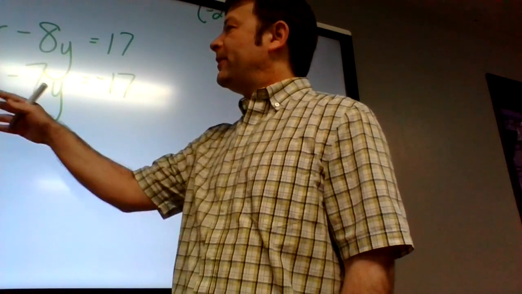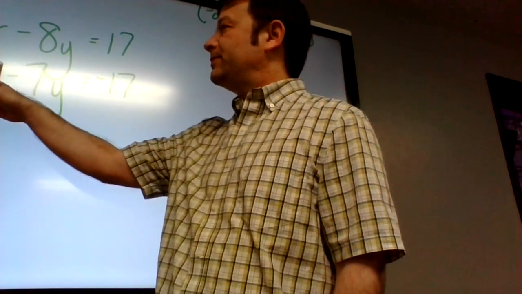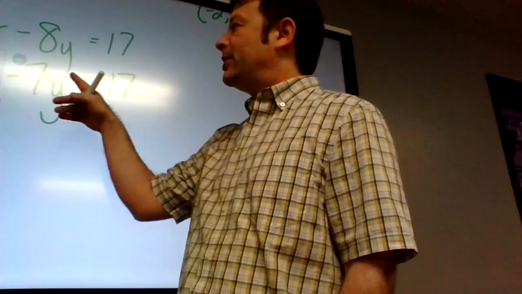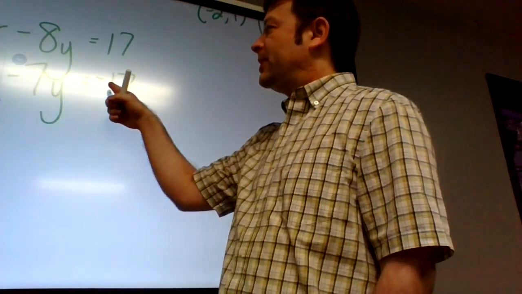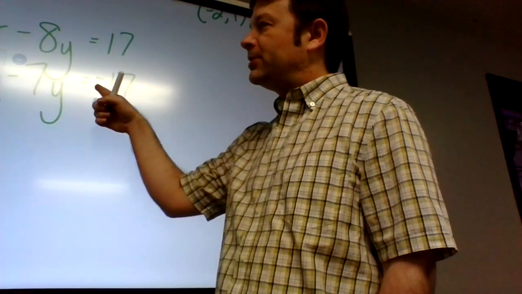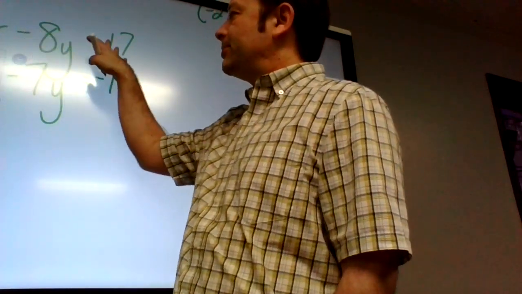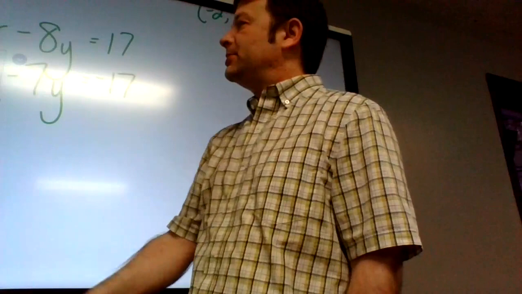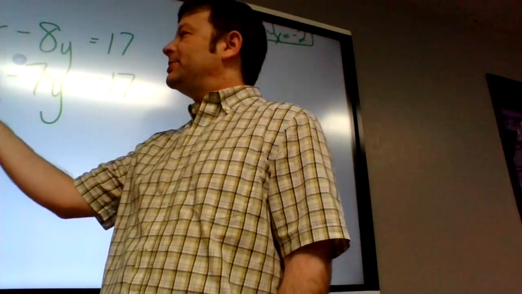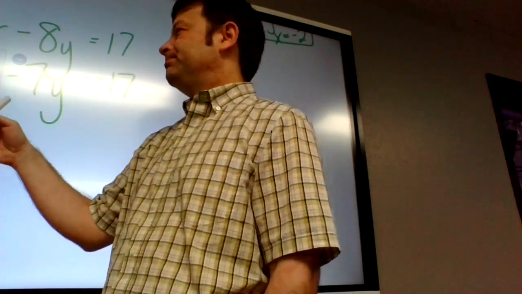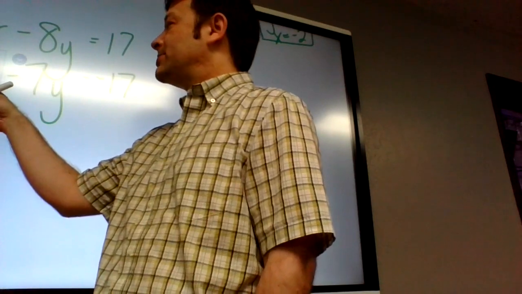So, like if I want to get x by itself, this one, I would add 7y and divide by 2. But dividing by 2 is not going to work out perfectly. Dividing by 5 or 8 or whatever, it's not going to work out nicely. But dividing by 2 is the least difficult, so I'm going to get this x by itself.